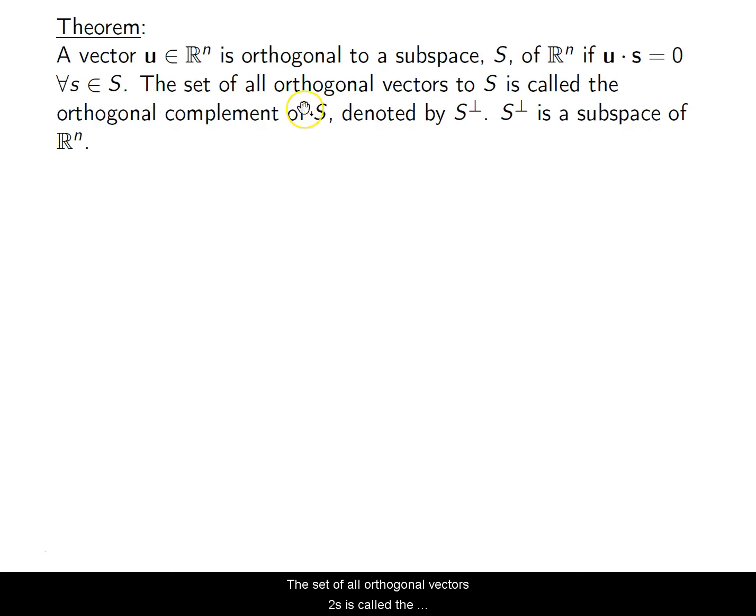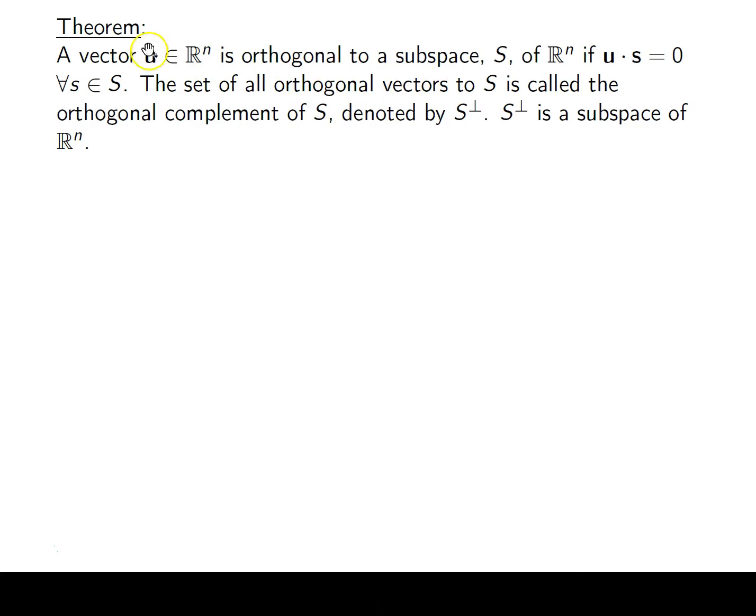The set of all orthogonal vectors to S is called the orthogonal complement of S, which is denoted by S with the perpendicular sign. We call it the orthogonal complement of S. The orthogonal complement of S is a subspace of Rn. This is what we're actually going to prove, but let's break this down.